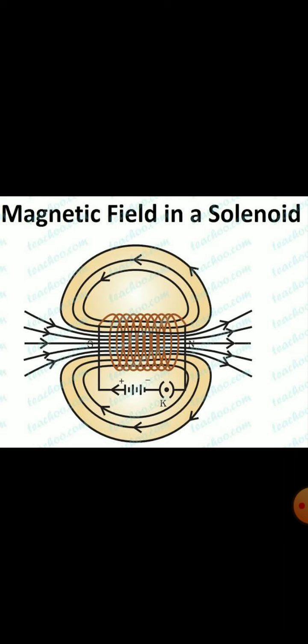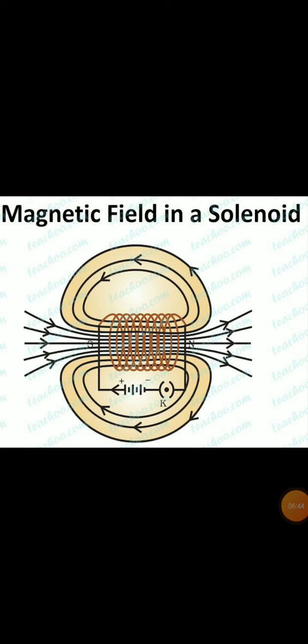So here also you can see in the figure clearly that the direction of magnetic field around the solenoid is from north pole to south pole. What will be direction inside the bar magnet? From south to north. So here also the direction of field line inside the solenoid will be from south pole to north pole.